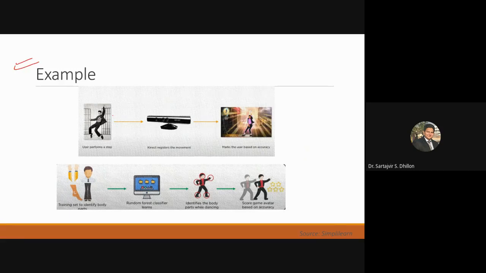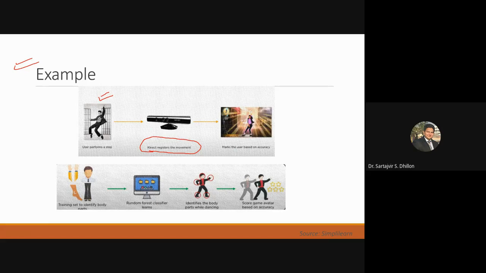Here you can see there is a user, and the user performs a step, and there is a device which converts the movements into a digital format and marks the user based on their accuracy.